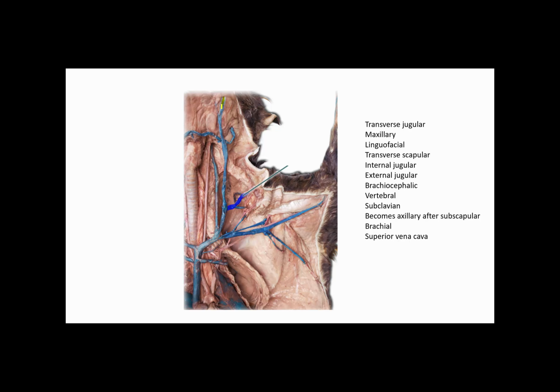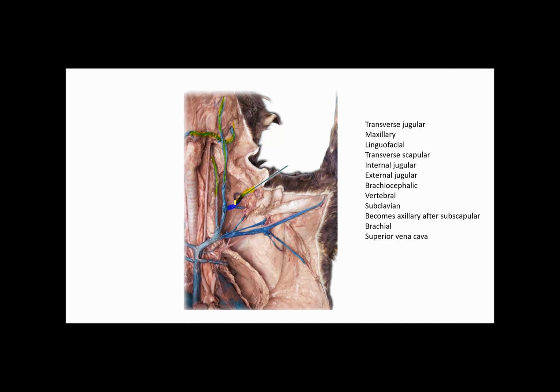We can see right here is the lingual facial vein. Over here is the maxillary, and you could see the transverse jugular vein dumping in, and that then creates the external jugular vein. More medial to it, shown here, is the internal jugular vein.